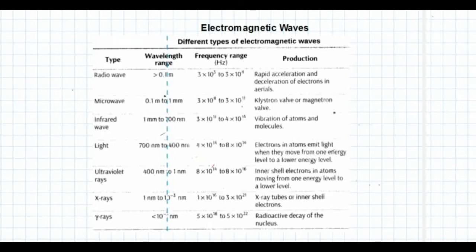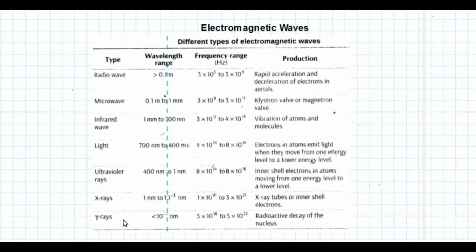So we should know how to arrange these waves, either in the increasing order of wavelength or decreasing order of wavelength. Otherwise, we should know how to arrange these waves either in the increasing order of frequency or decreasing order of frequency. So gamma rays, X-rays, ultraviolet, visible light, infrared, microwave, radio wave.